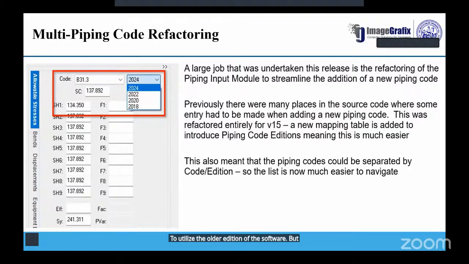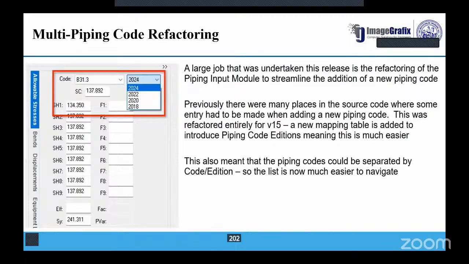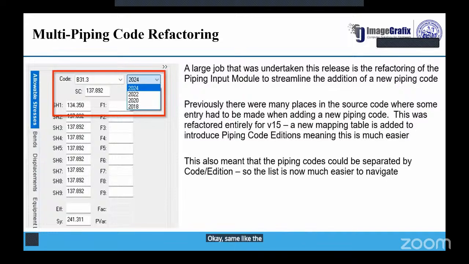But in the same user interface, it was listed as 31.3 2022 edition, 2020 edition. So there was a mess, because we found that it should be more systematic. So that we can select the code, then after that we can select the edition, same like how we select the wind and seismic code. So that refactoring has also been done.